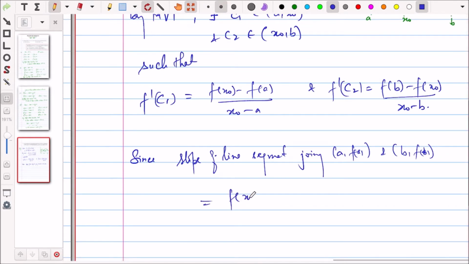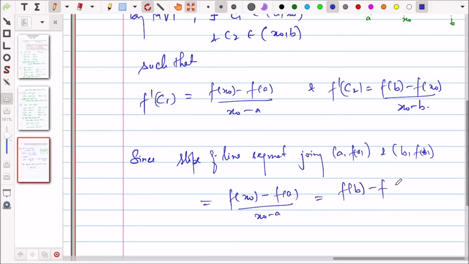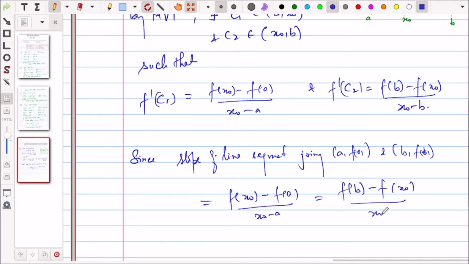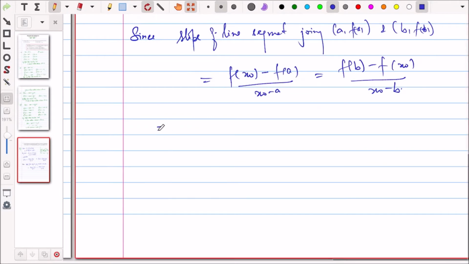Because these are points on the line, each of them is also the slope of the line segment joining the points (a, f(a)) and (b, f(b)). So these two are equal, which implies f dash c1 is equal to f dash c2.